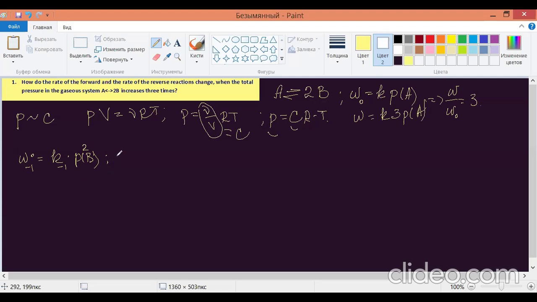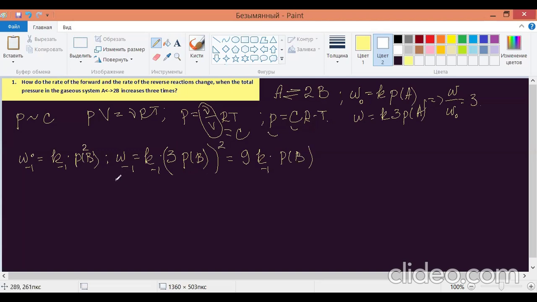Now, we can write the same for the same reverse reaction, but after the pressure increases. The rate constant doesn't change, it remains the same, but now the partial pressure of B increases 3 times, and all this squared, and we get 9 times k sub -1 times P of B squared.